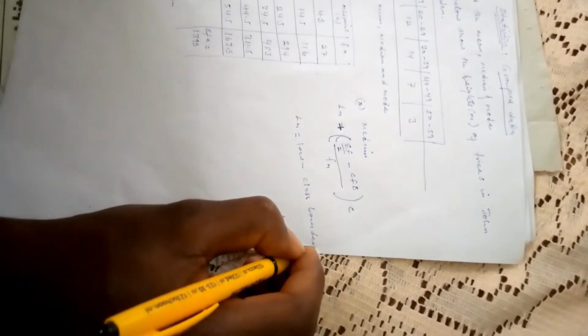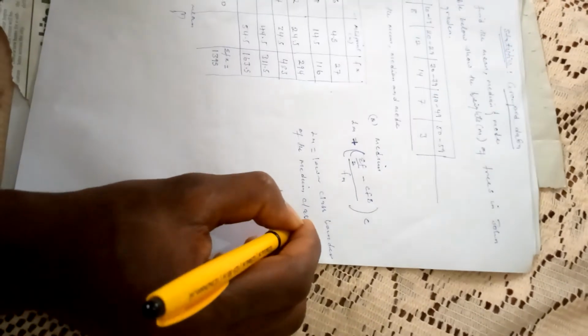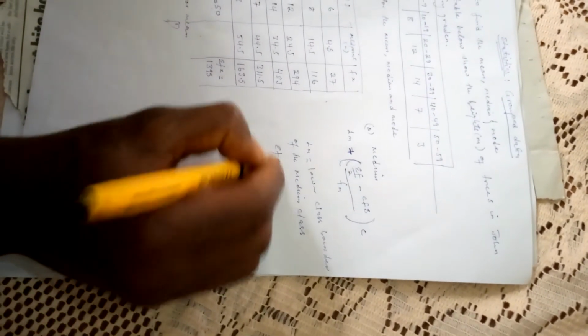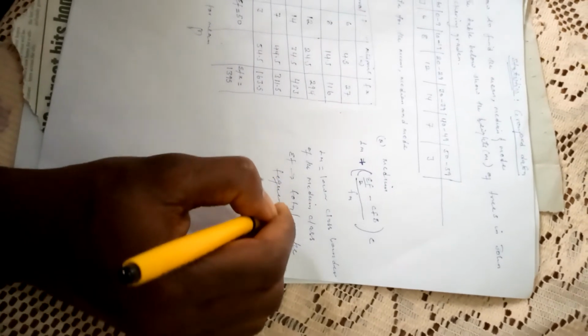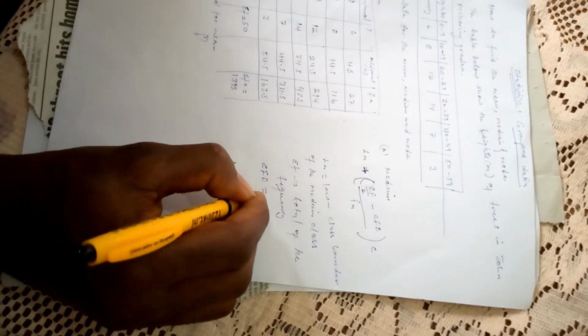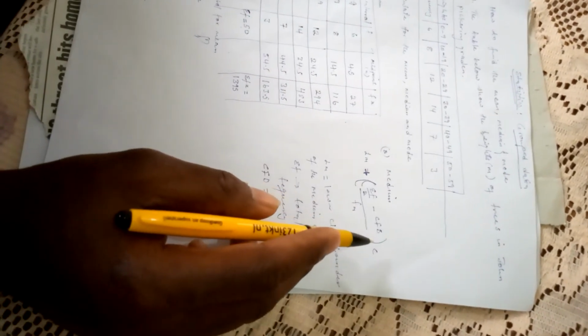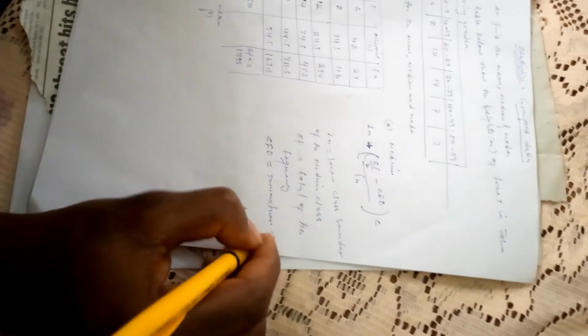of the median class, and this summation of f means the summation total of the frequency, and CFB is the cumulative, or the sum of the frequency, before the median class.